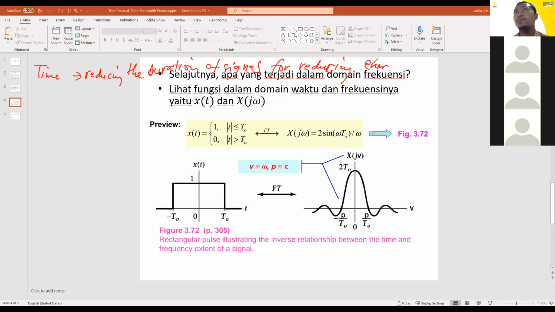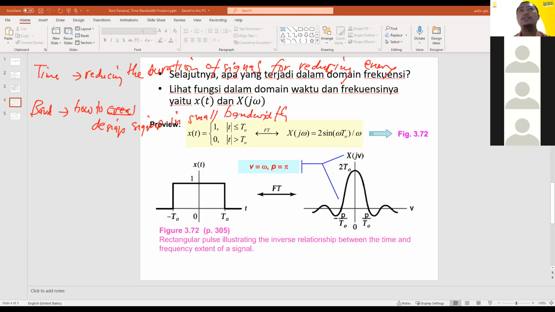Energy. And the purpose of bandwidth is how to design a signal in small bandwidth.